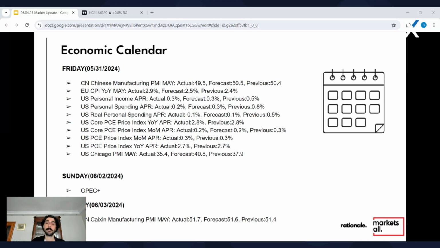Then on Sunday, OPEC Plus announced that they will extend supply cuts into the third quarter, but plan to gradually reintroduce barrels to the market over the next 12 months, which will increase the supply and lead prices to decline. Then on Monday, the Caixin Chinese manufacturing PMI number came in, and the index indicated the strongest expansion in nearly 2 years.